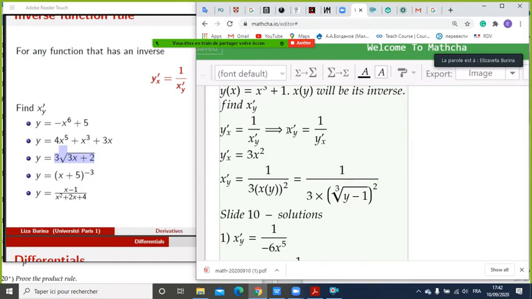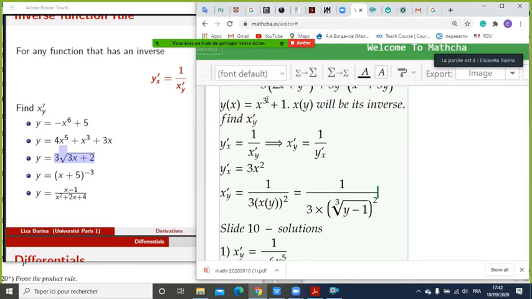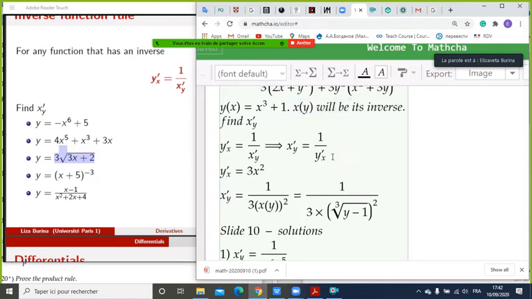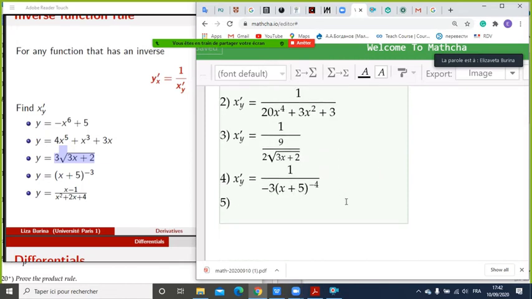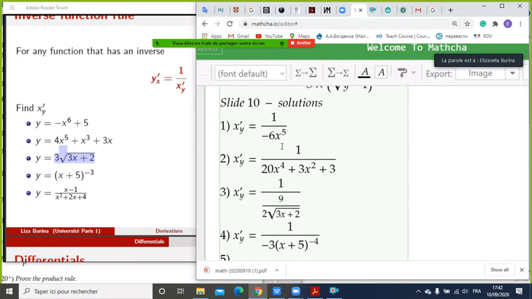So I want to find first the inverse here, write it, and then derive it and show that it's the same. But you're right, here all the answers that we're getting are in terms of x, and this is not the last step for each of them.